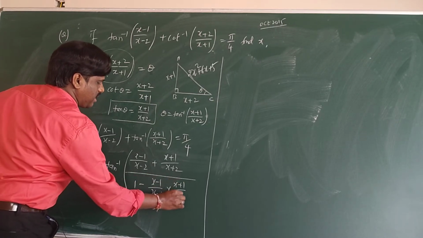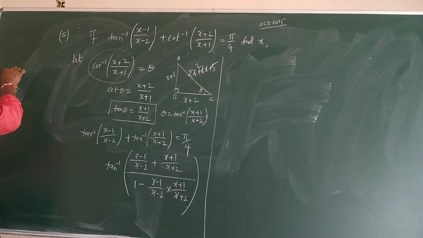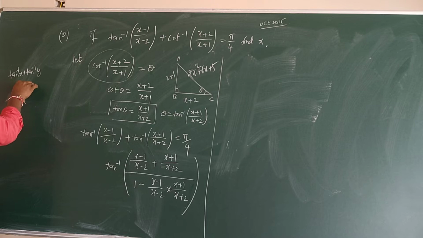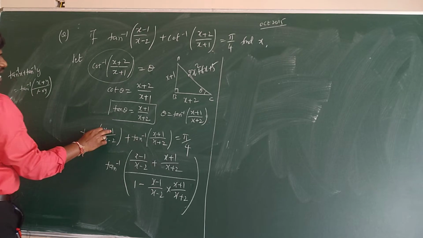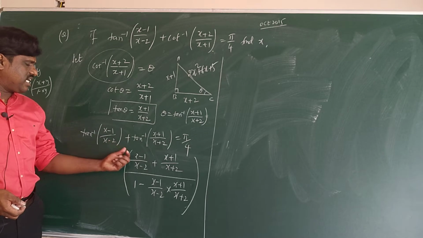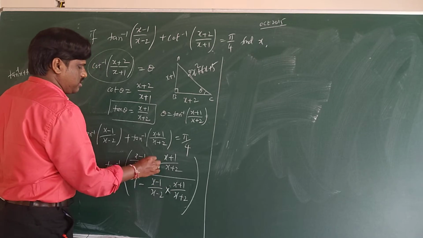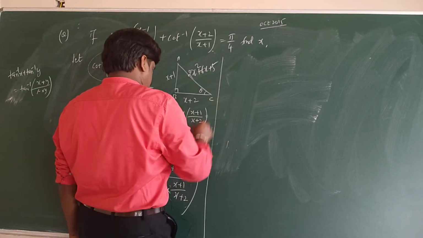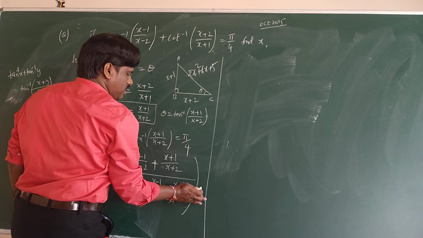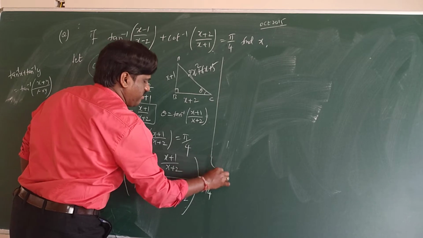Here I am considering this whole thing as x. You know the formula, tan inverse x plus tan inverse y is tan inverse of (x plus y) by (1 minus xy). So here x is acting as this one, y is acting as this one, so you are getting tan inverse of (x plus y) by (1 minus xy). This is multiplication, this is addition. Now we can find this one. This is equal to, they given, pi by 4. Now if you simplify, you are going to get the value of x.